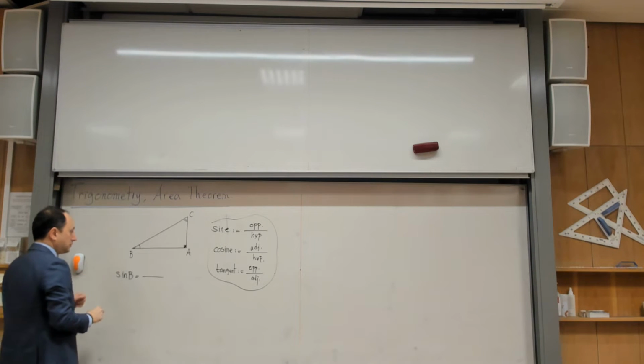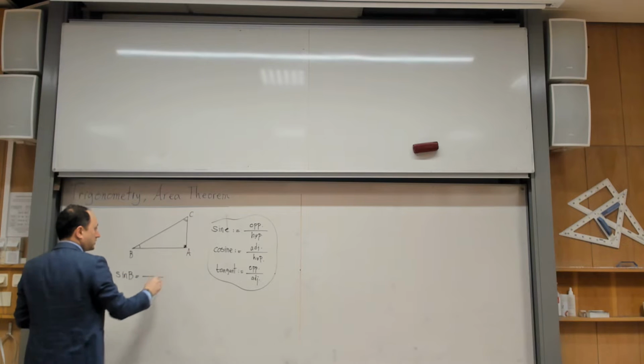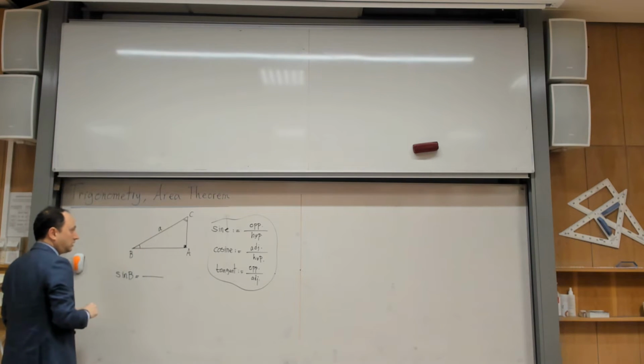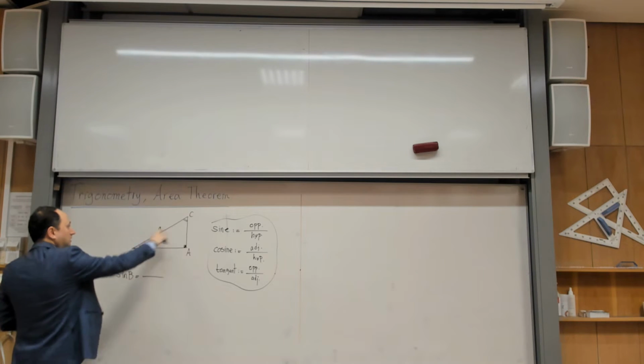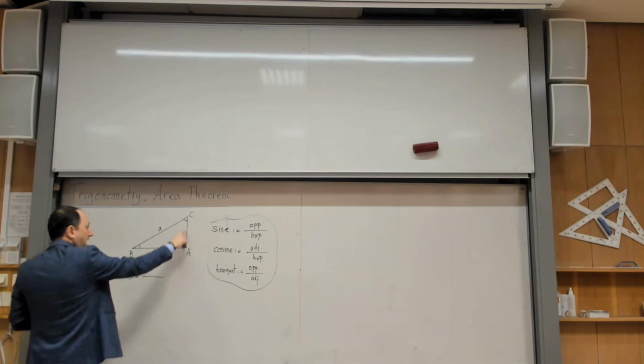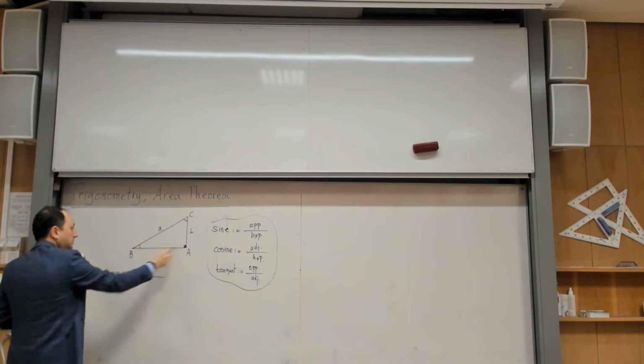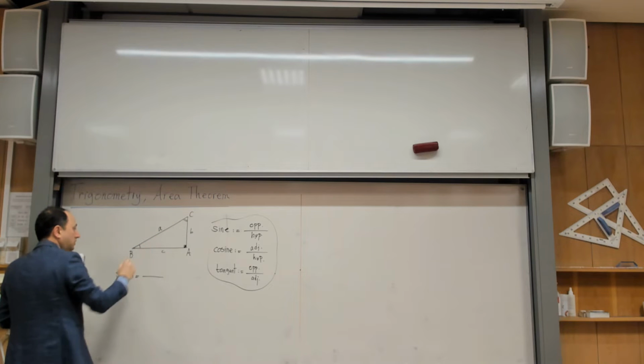So for example, the length, not the line segment itself, of the side opposite to A is denoted by little a, the length of the side opposite to B is denoted by little b, and the length of the side opposite to C is denoted by little c.